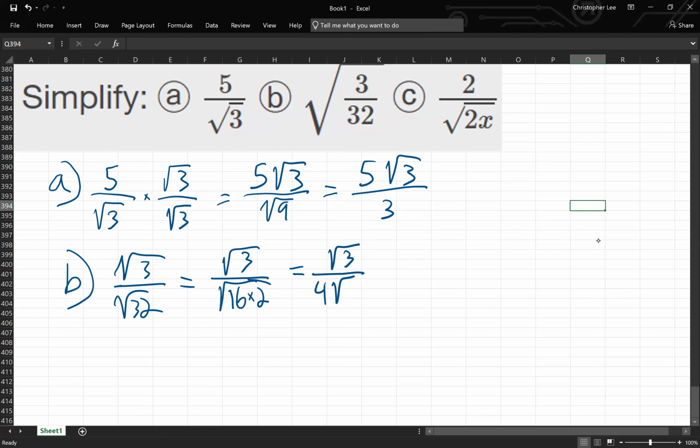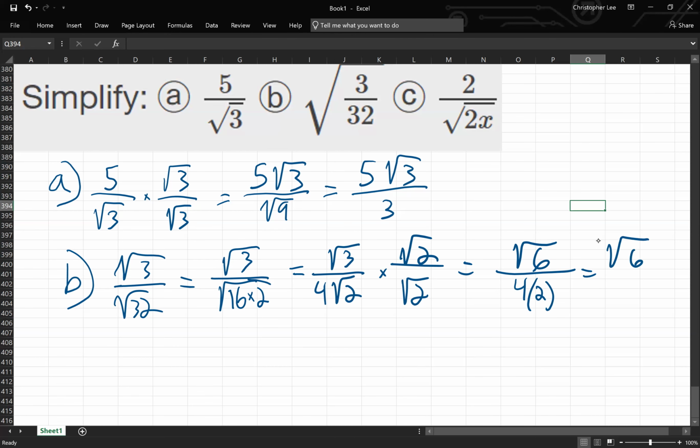This is 4 square root 2. The 4 is okay in this problem, right? Well, my issue is that 2. So I'm going to multiply this by square root 2 over square root 2. And now I have square root 6 over 4 times 2. Let's call that 8. Square root 6 over 8. Questions on that?